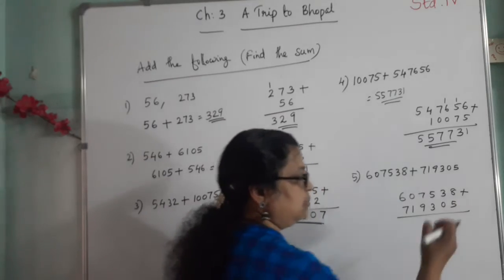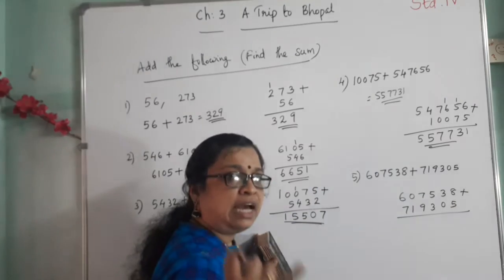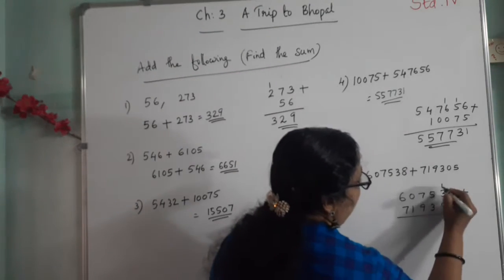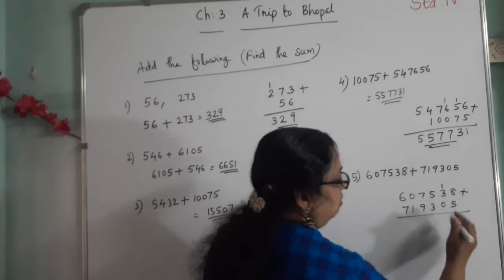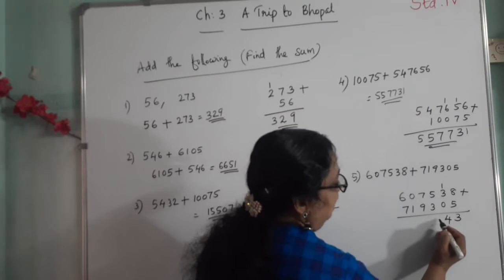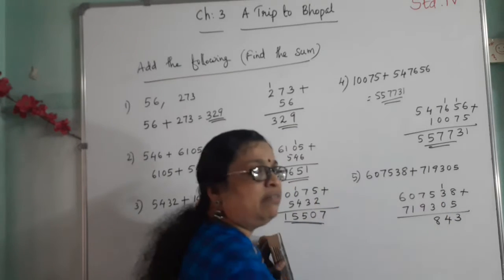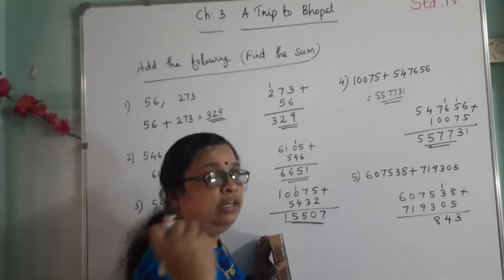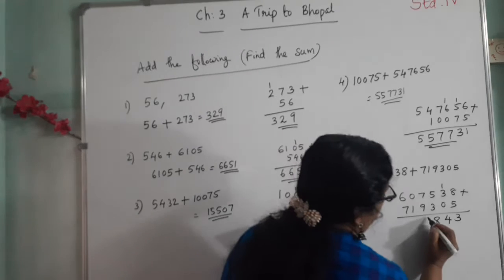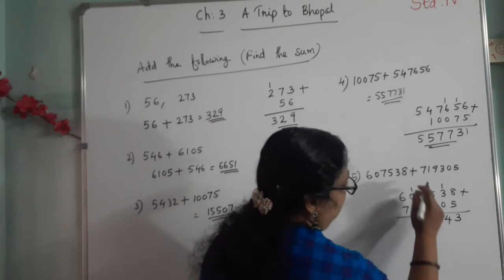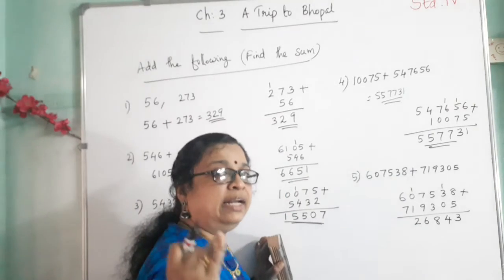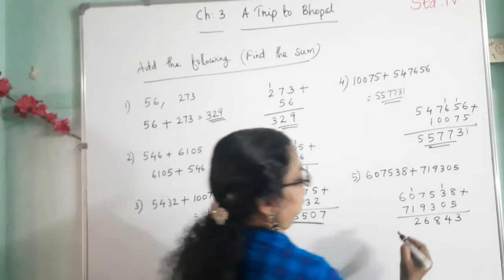Then adding 8 plus 5: 8 in mind, 8 after 9, 10, 11, 12, 13. 3 here, 1 carrying. 3 plus 0, 3 plus 1, 4. 5 plus 3, 8. 9 plus 7: 9 after 10, 11, 12, 13, 14, 15, 16. 6 here, 1 carrying. 1 plus 1, 2. Then 6 plus 7: 7 after 8, 9, 10, 11, 12, 13.